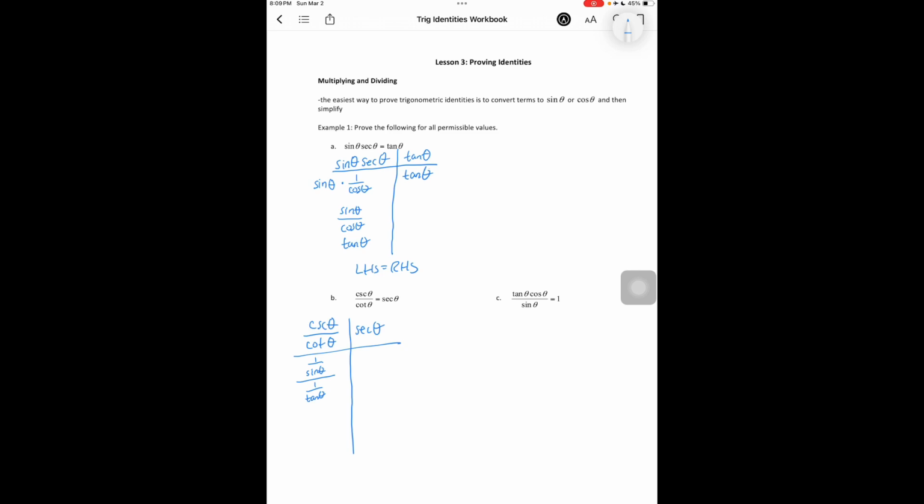cotangent, this is the same thing as, or actually here, just to save space, we know that cotangent is going to be cos theta over sine theta. So I'm just going to write that here.